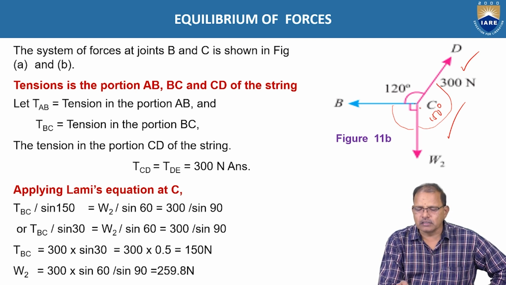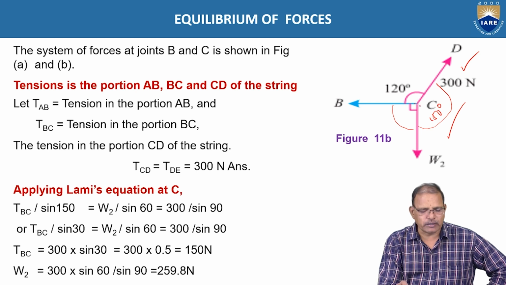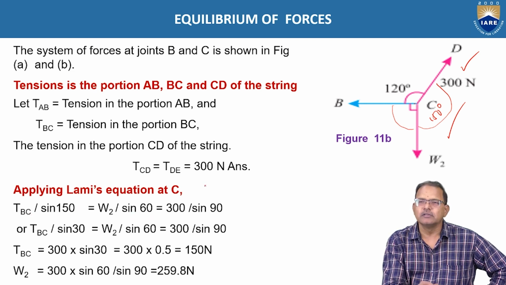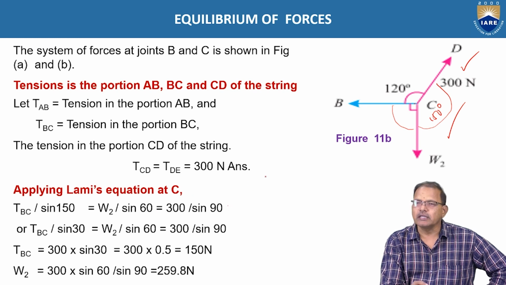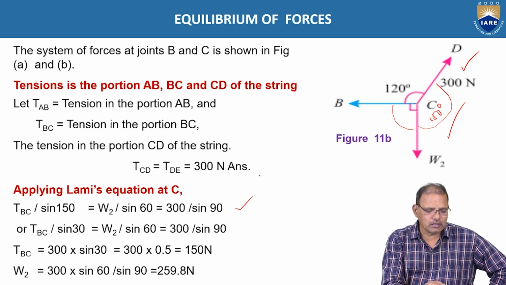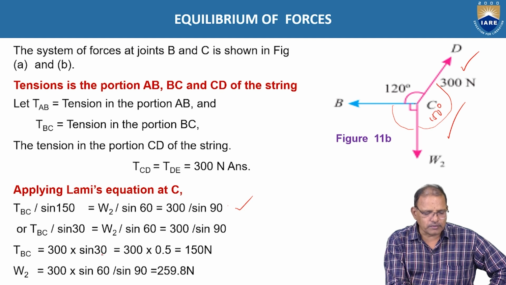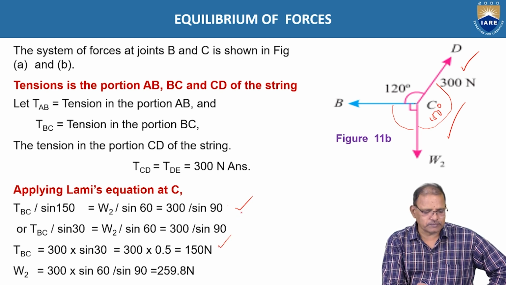Now applying Lami's principle at point C, TBC divided by sin 150 degrees is equal to W2 divided by sin 60, which is equal to 300 divided by sin 90. From this relation we get TBC equal to 300 into sin 30, which is equal to 150 newtons.